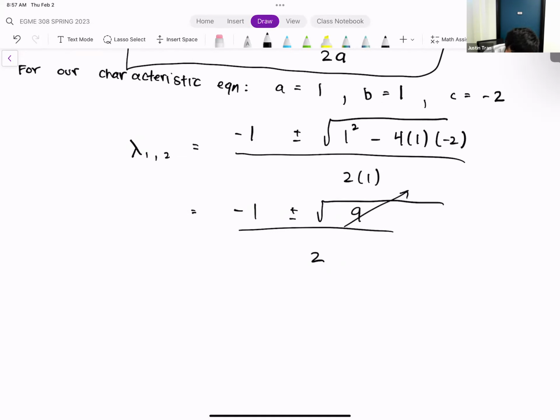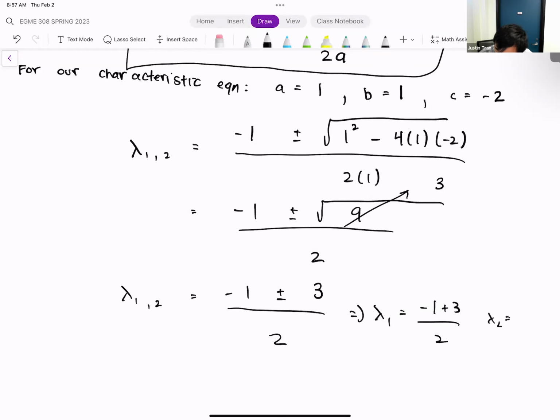The square root of 9 we know is 3. And so lambda 1, 2 is going to be minus 1 plus or minus 3, over 2. Okay. So that means lambda 1 is equal to minus 1 plus 3 over 2, and lambda 2 is equal to minus 1 minus 3 over 2.